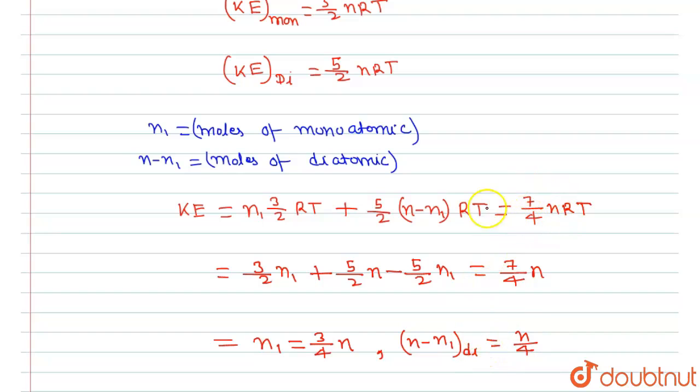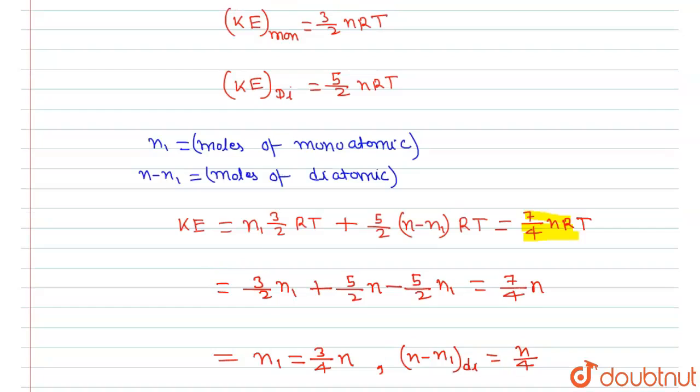In this case, the total kinetic energy is 7 by 4 nRT. This case is possible when the number of moles of monoatomic is 3n by 4 and the number of moles of diatomic is n by 4. Similarly, this is also possible for monoatomic and polyatomic.